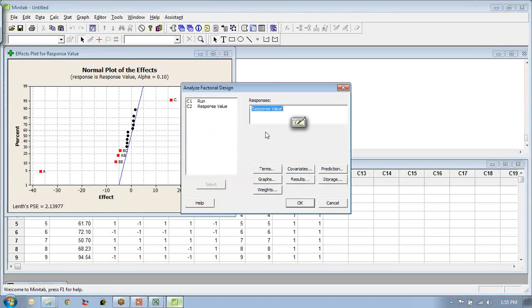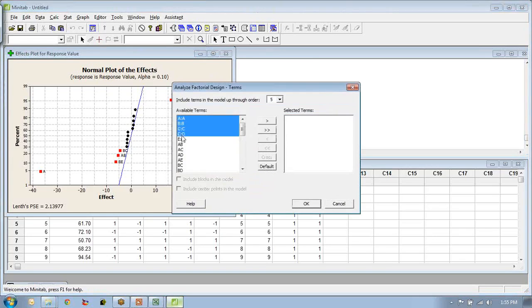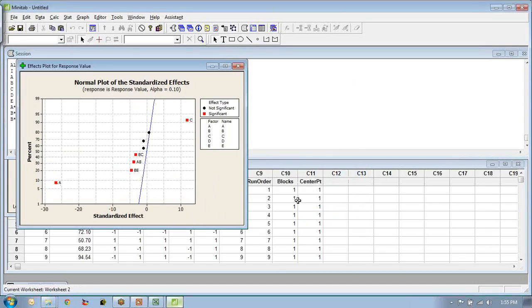Okay, take out the others. A, B, C, D, E. There they go. Okay, so now this is my model.